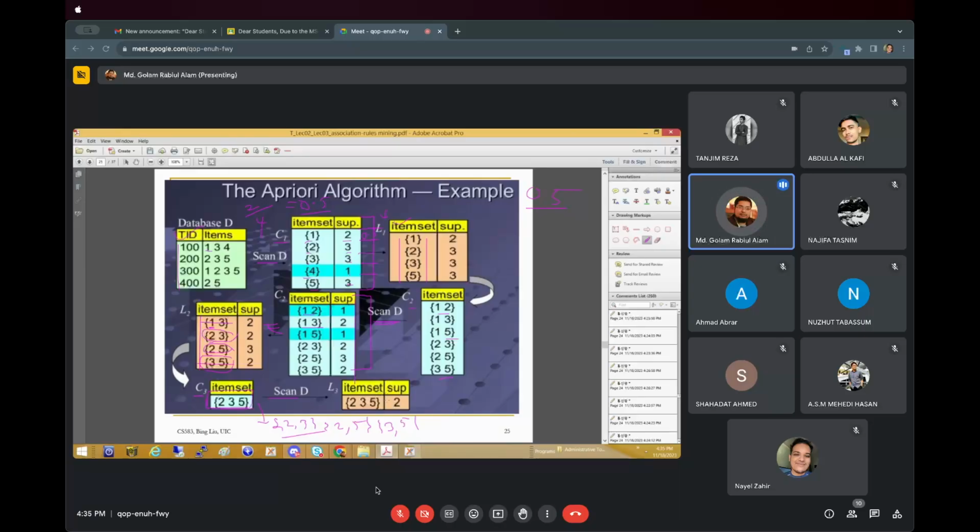Then this will be our final item set of three items, and this Apriori algorithm will return the item sets. The item set of 3 items is 2 3 5. The item sets of 2 items are 1 3, 2 3, 2 5 and 3 5. It will return those.